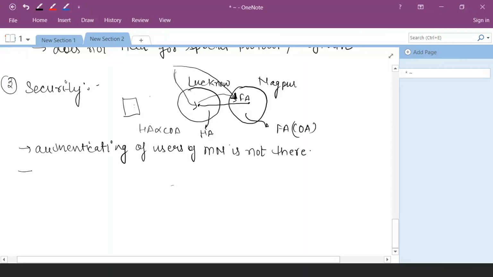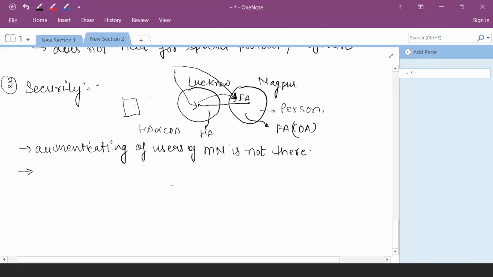Now repeat it again. Suppose my mobile phone is stolen by someone. If that is the case, then after receiving the first packet, the path will change. The node can send a direct packet to the foreign agent. So all of the packets that are actually sent for me are diverted towards a new person, that is the thief.